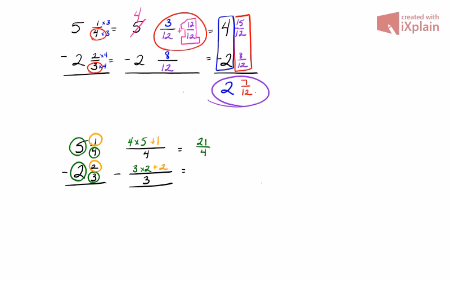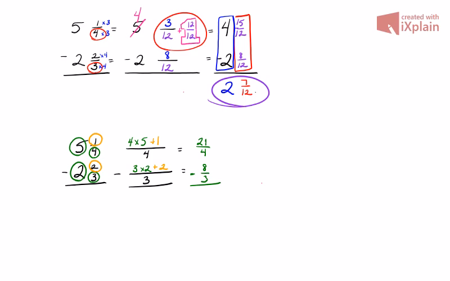Remember your order of operations. Take care of your multiplication first and then your addition. And then I'm going to have minus 8/3. Okay, so now we have our improper fractions, but we still have the issue that my denominators are not the same.